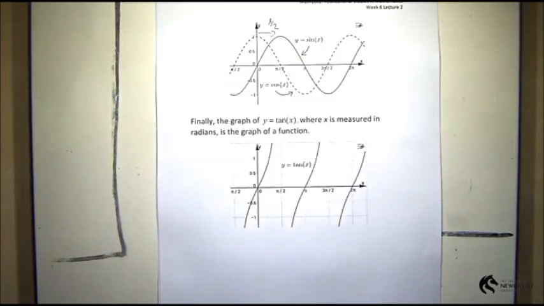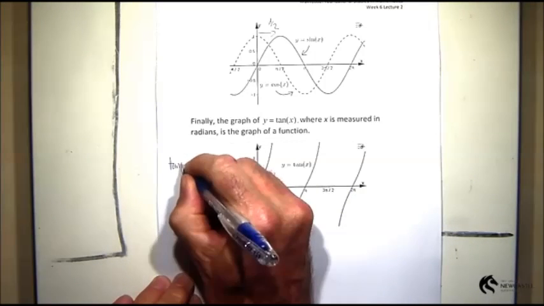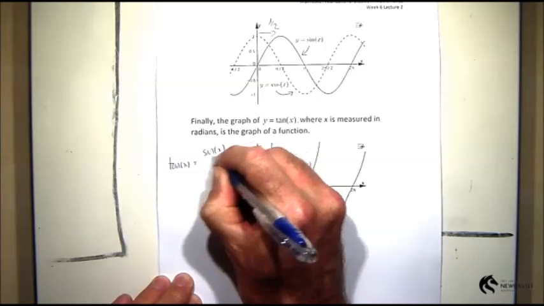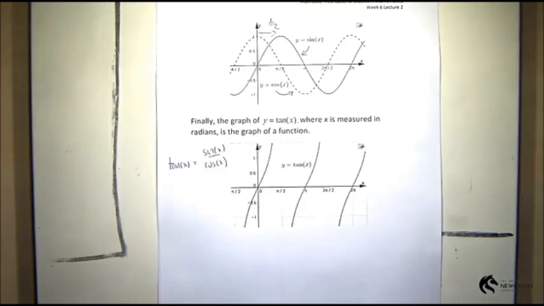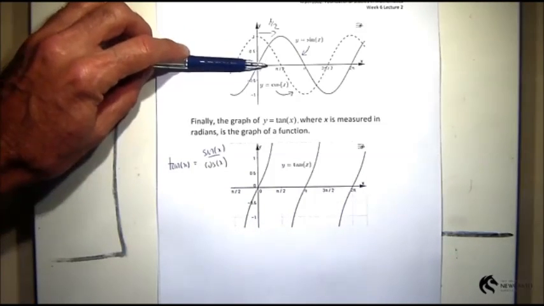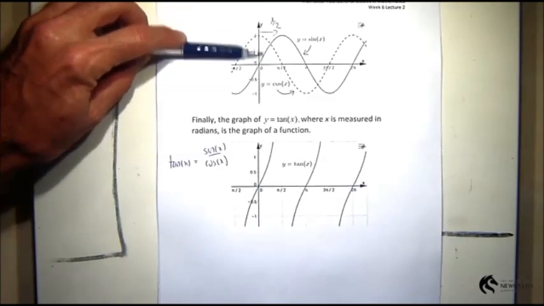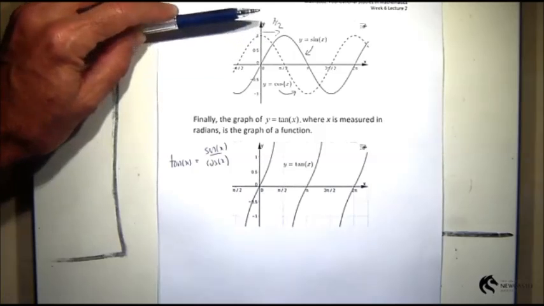Okay, so finally the tan graph. To get the graph of tan x, we use the fact that our definition of tan x is sine x on cos x. And so, for a particular value of x, I get the sine value, I get the cos value, and I divide those two things.